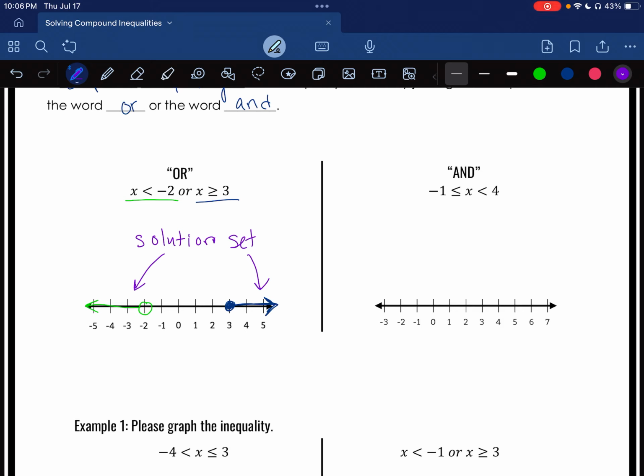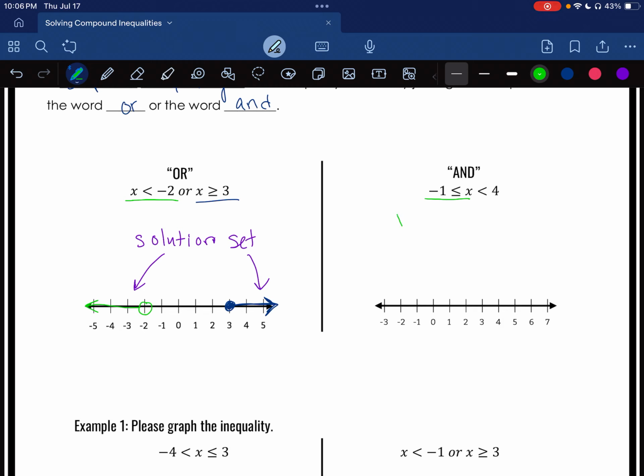Right, next we have and. You might be like, I don't see an and in here. This is what I lovingly refer to as a sandwich inequality, and it's actually made up of two different statements. So what you'll see happening here is we have this statement, which I'm going to rewrite a little bit.